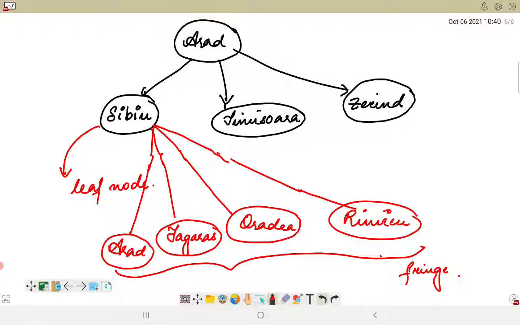So we have talked about searching strategy, search techniques, search nodes, how to represent the different nodes, and we also have talked about fringes and the leaf nodes. Now we have to have certain problem solving performance measures.